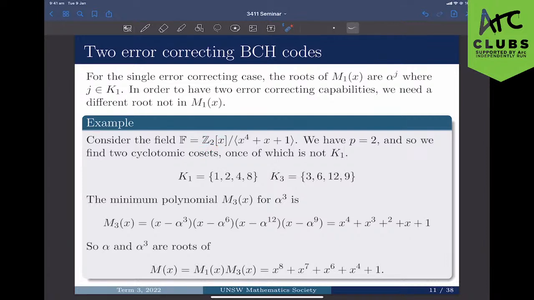So obviously, just like the single error case, we're going to look at alpha and the minimal polynomial for alpha. And we find that the coset for 1 is 1, 2, 4, and 8. And we realize that 3 is the smallest number not in K1.